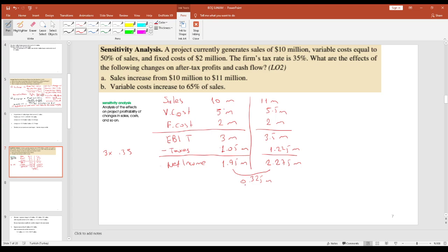This is what is asked. Well, that means the impact of an additional 1 million in sales on net income is $0.325 million. This is the answer.